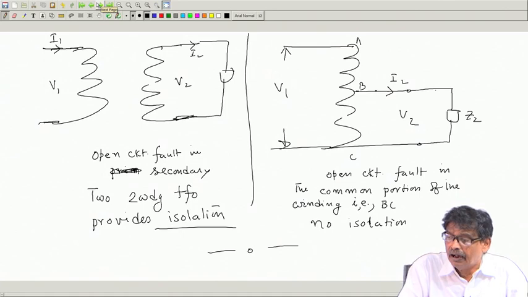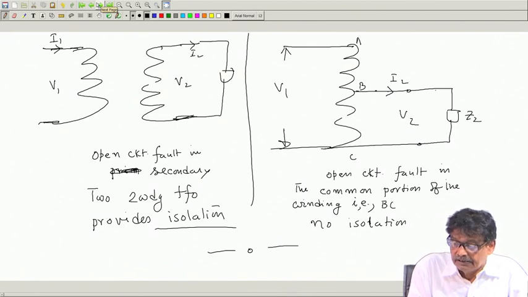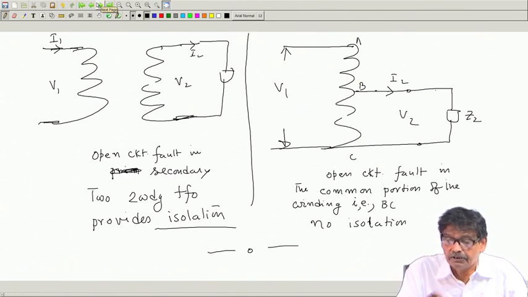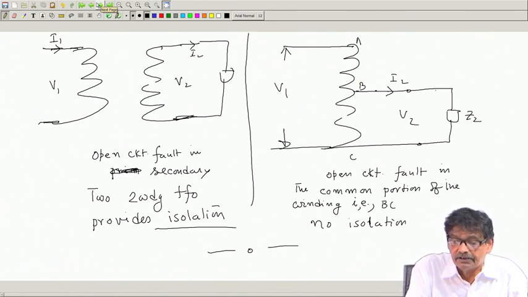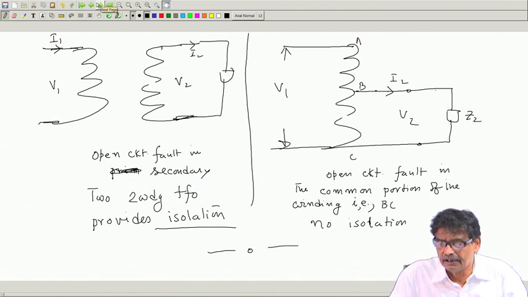Then I told you that a two winding transformer is a better option if you require isolation. Some critical load is present, if there is an open circuit on the secondary of the two winding transformer, no problem. At most the load will not get any supply, there ends the matter.